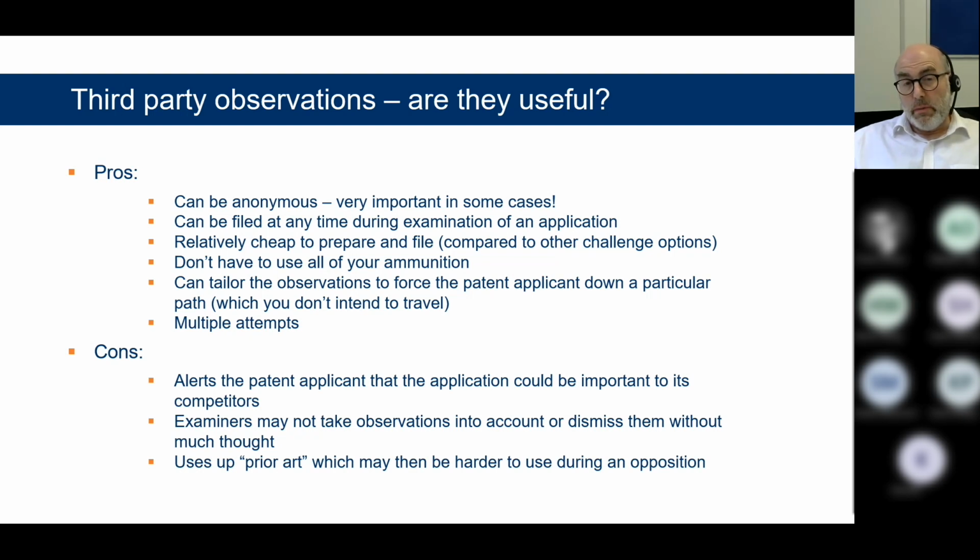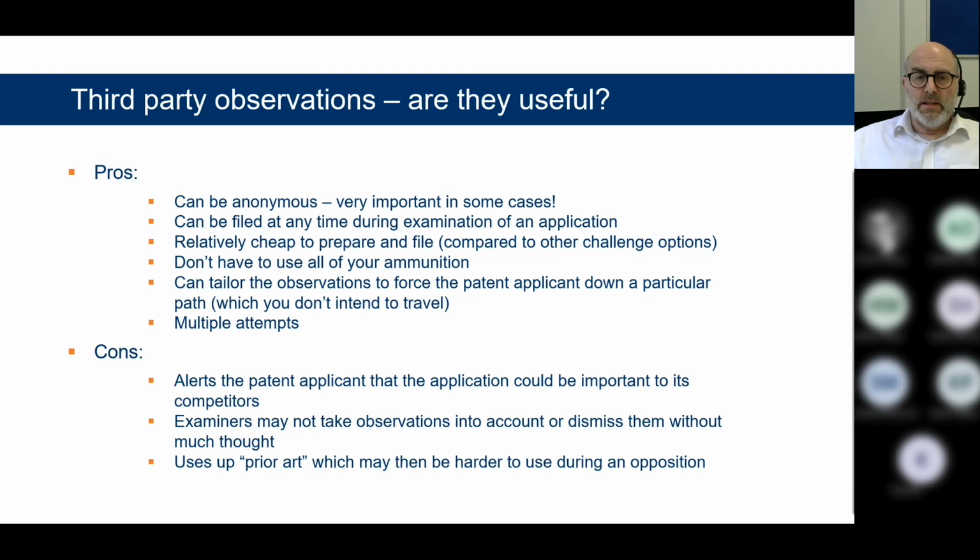If you fail or you only partially succeed, and the patent's still a problem when granted, you still get a chance to oppose the patent or knock it out through a revocation action. So you have got nothing to lose really by filing at least some observations and trying to narrow down that patent or knock it out before it's granted.